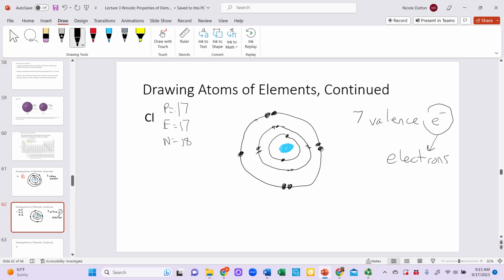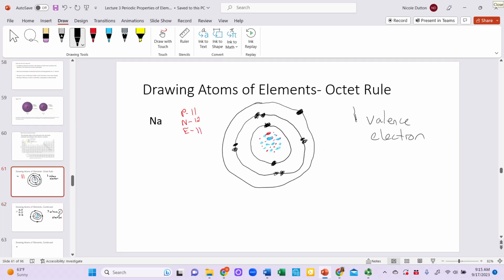This one is lonely, it's all by itself. Now in order for an atom to be truly happy, it wants a full outer shell. So as I mentioned previously, this one's not happy, it wants a full outer shell. But if this one were to leave, then it would have a full outer shell.